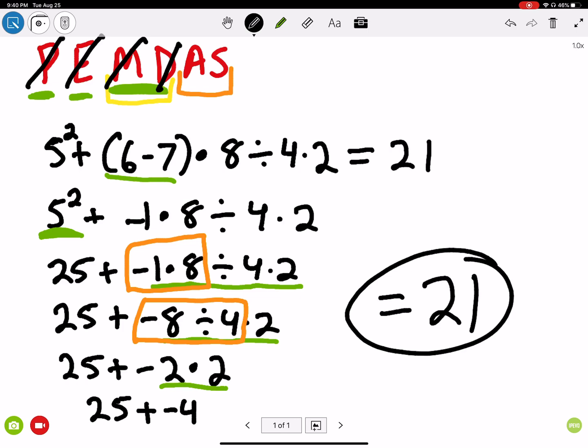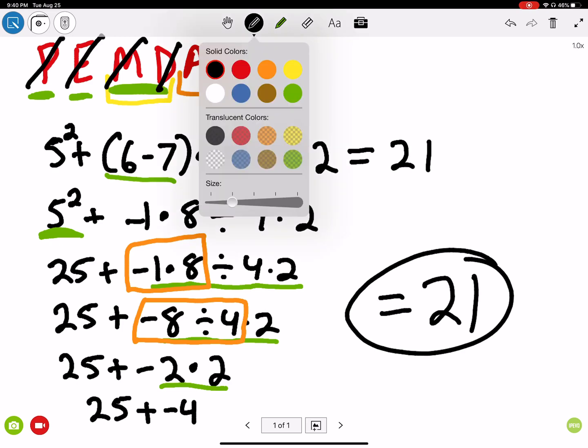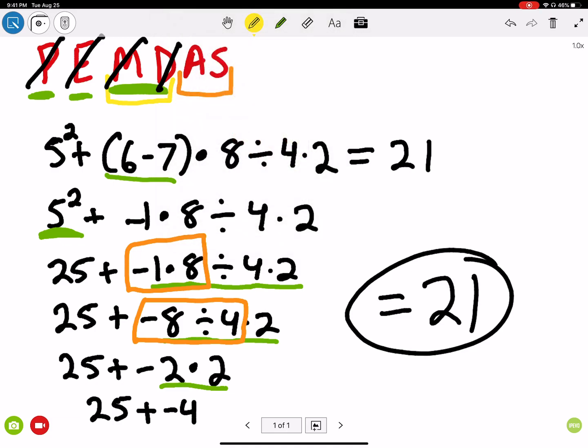Now, on a test, when you're required to show work, I would need to see all of these steps, okay? I would need to see all of these steps from the beginning all the way to the end, and then you getting your magnificent answer, okay?